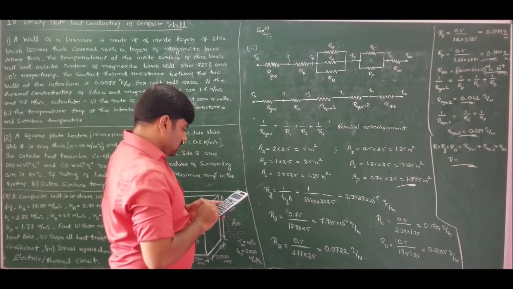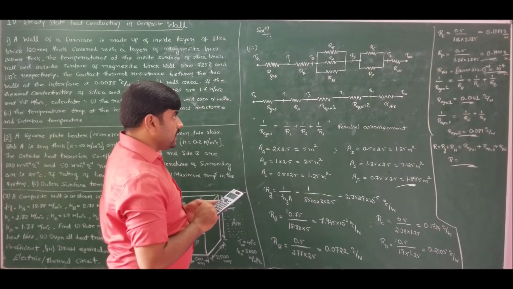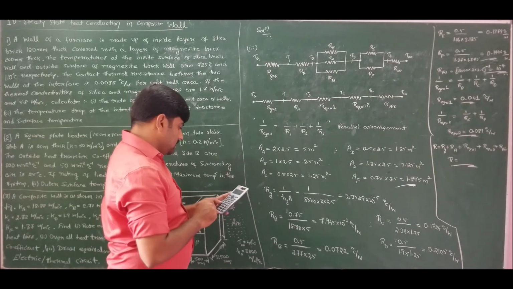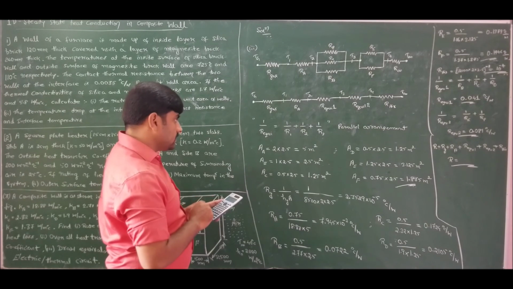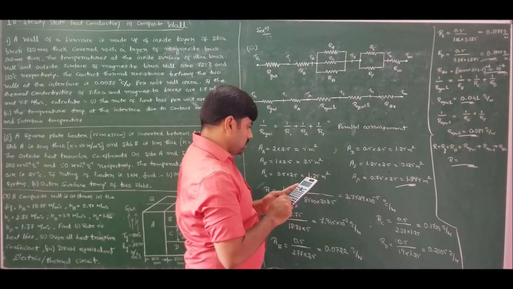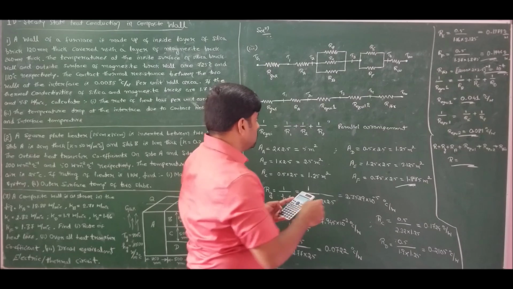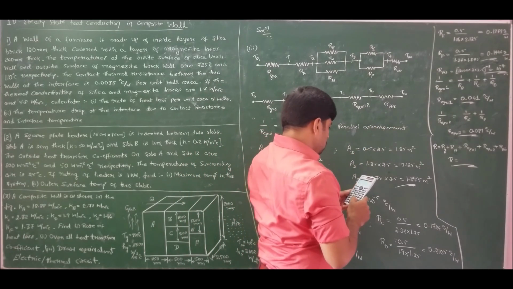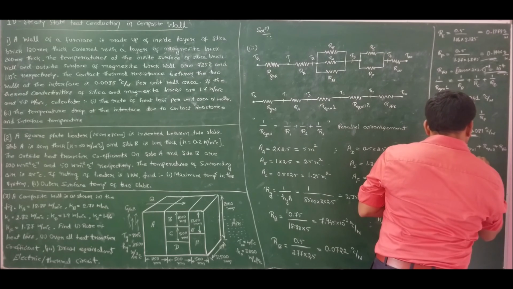So R gas is 2.3529 into 10 to the power of minus 5 plus RA is 7.945 into 10 to the power of minus 3 plus R equivalent 1 is 0.041 plus R equivalent 2 is 0.081 plus 10 to the power of minus 4, which is the resistance due to air. If I solve, I get resistance as 0.13 degrees Celsius per watt.